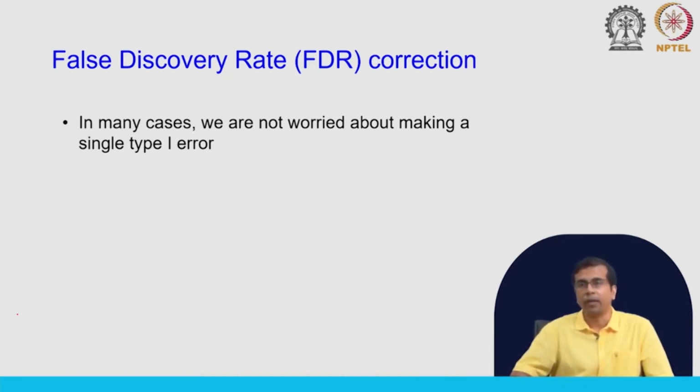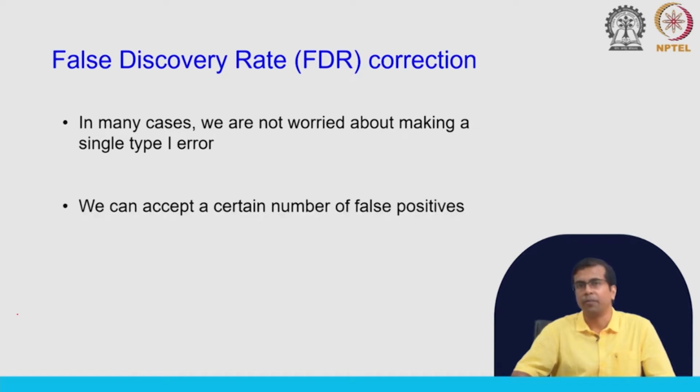Okay. But in many real life scenarios, we are not really worried about making even a single type 1 error, and you can sometimes accept a certain number of false positives. It is not that we want a lot of false positives, but we can tolerate a certain number of false positives in real life situations, right.